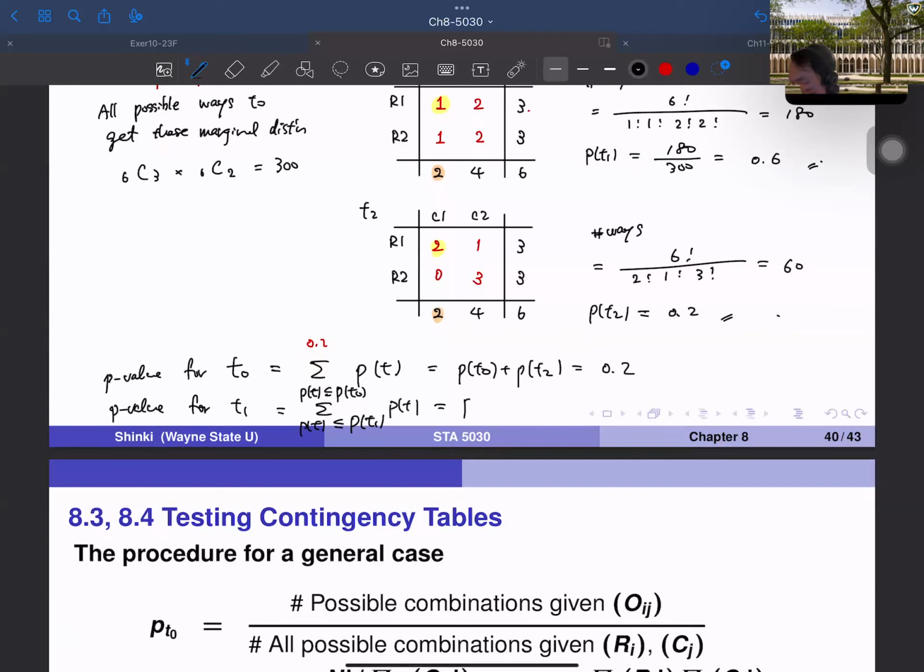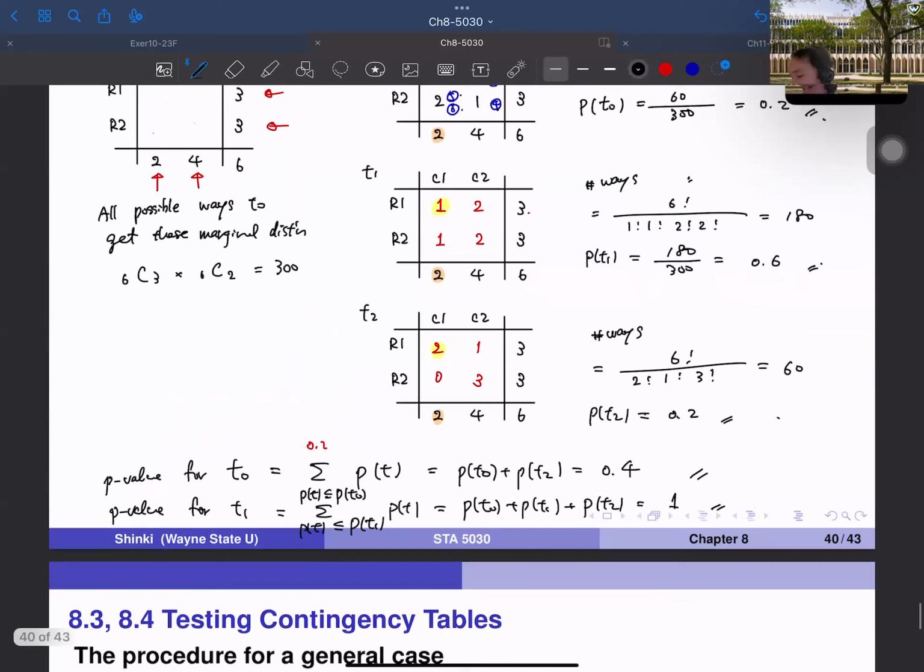So this is P of t0, P of t1, P of, sorry, this one is 0.4, right? 0.2 plus 0.2, so 0.4. And then P of t0, P of t1, and P of t2. So this is everything, so 1. So often Fisher's exact test returns a p-value of 1. That means the realization is the most typical table.